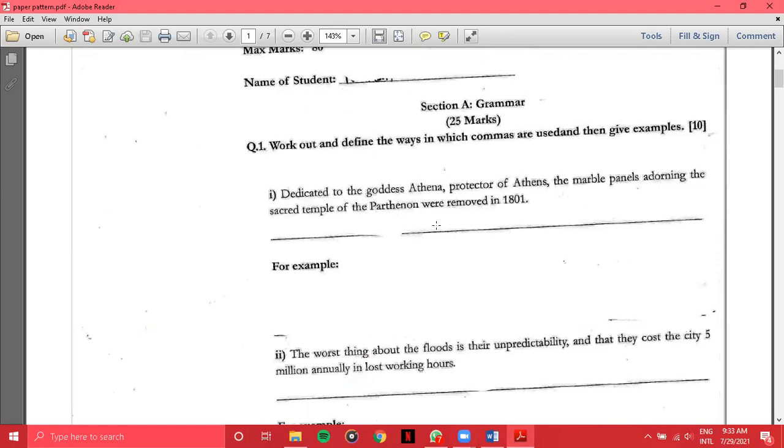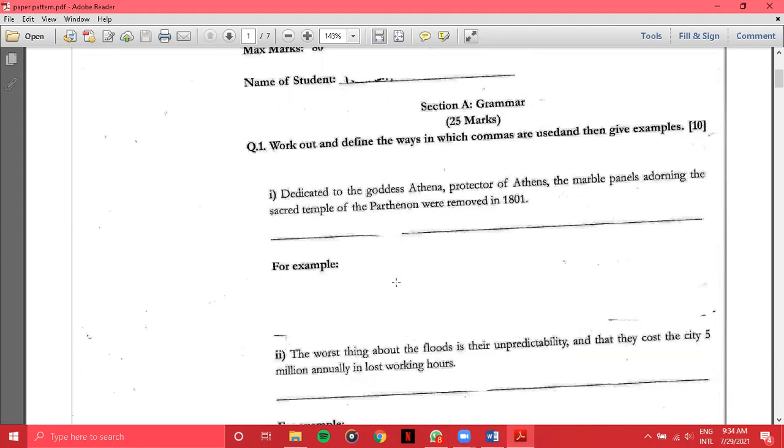Now, what would be the two main noun phrases here? The goddess of Athena, protector of Athens. Exactly. So the first noun phrase will be the goddess of Athena, and the second noun phrase would be protector of Athens.